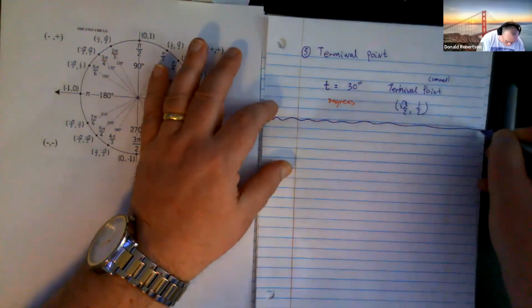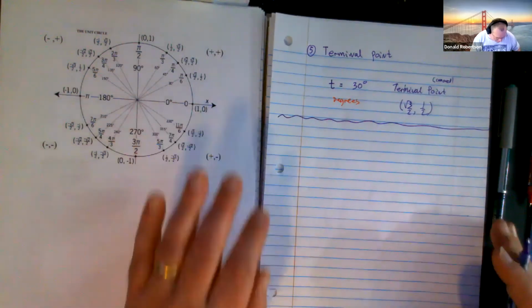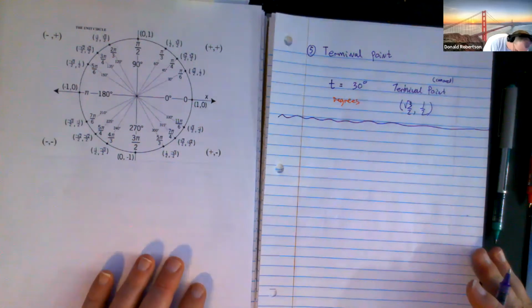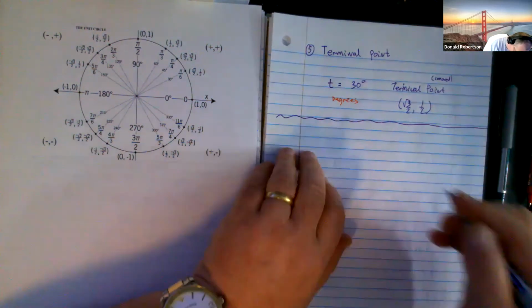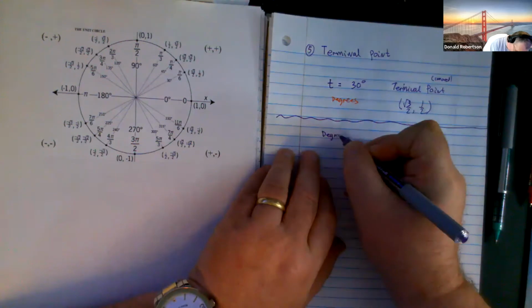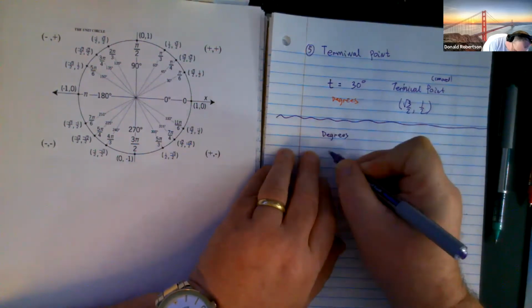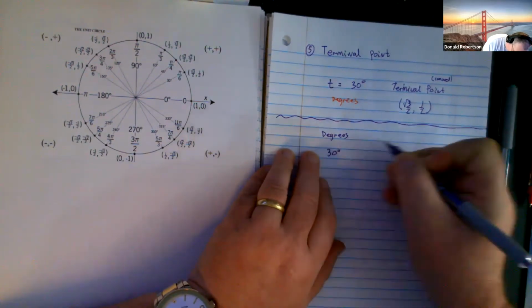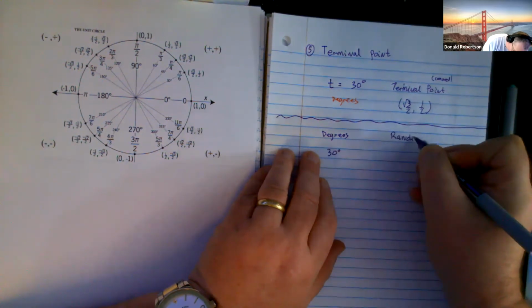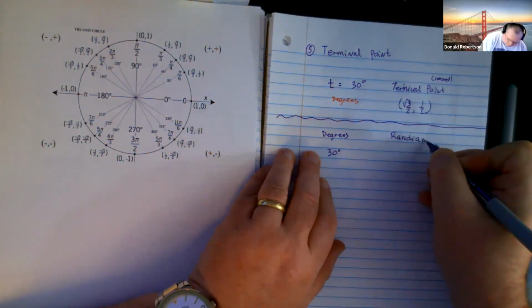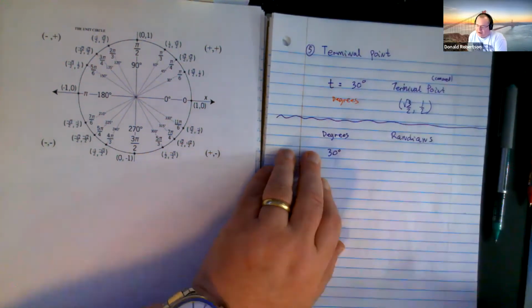The one that almost everybody who knows anything about angles knows is degrees. For instance, 30 degrees. How many of you have heard of an angle measurement called radians? Some have, some haven't. It's not maybe as common.